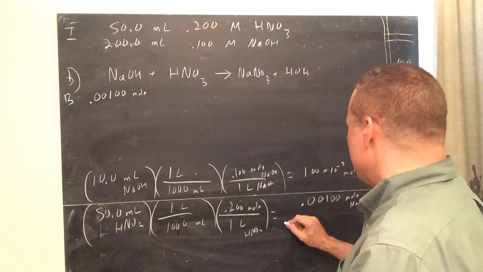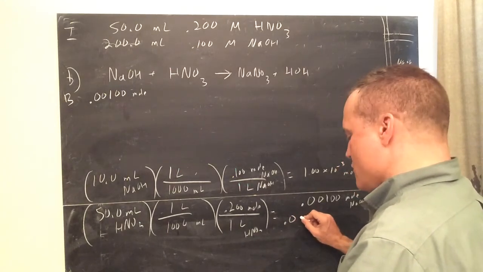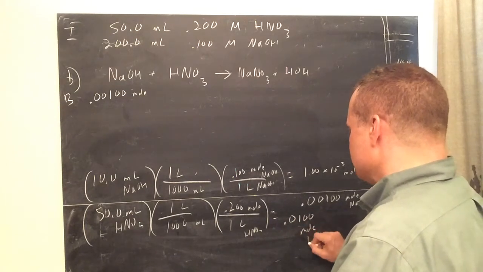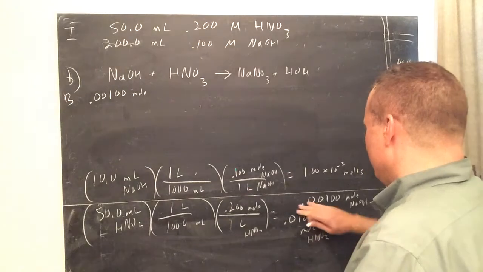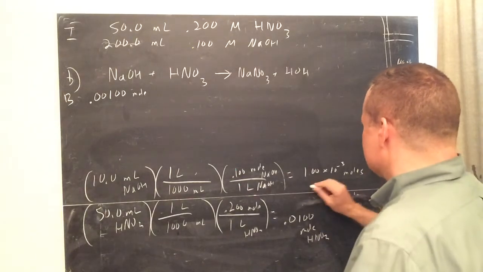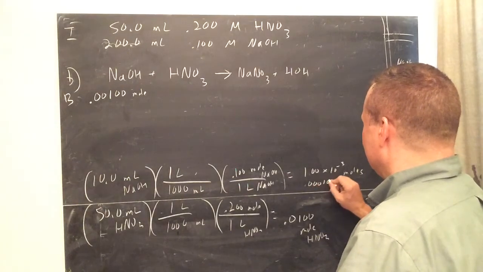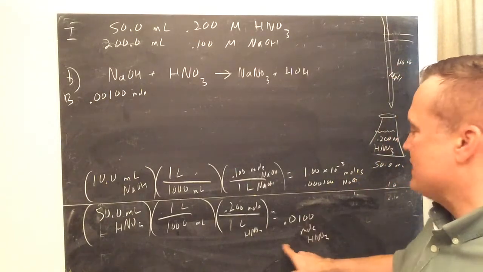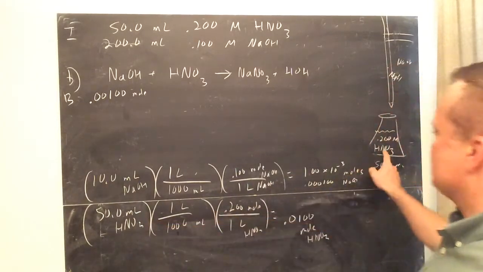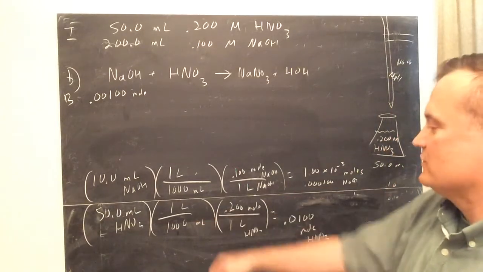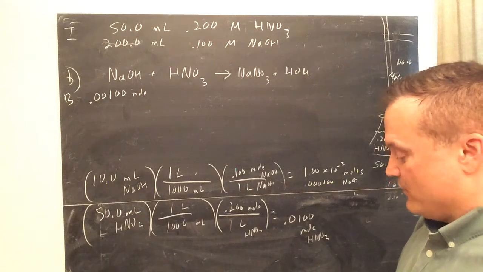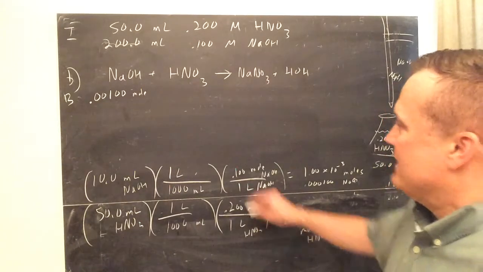It's 0.01. 0.0100 moles of HNO3. Okay, so let me erase that to not get mixed up. Okay, NaOH. And then here's your HNO3. 50 milliliters are in this container. They're 0.200 molar, so 50 over 1,000 times 0.200. 0.0100.